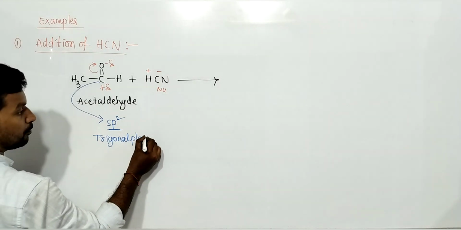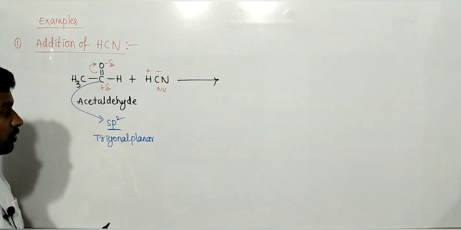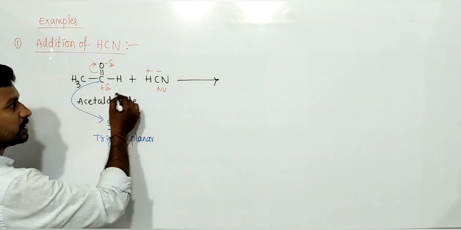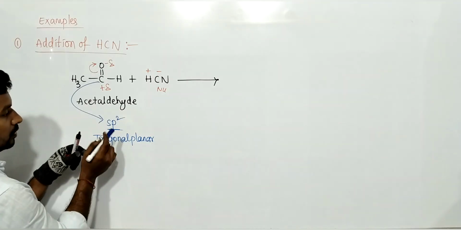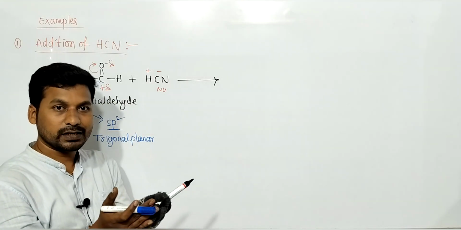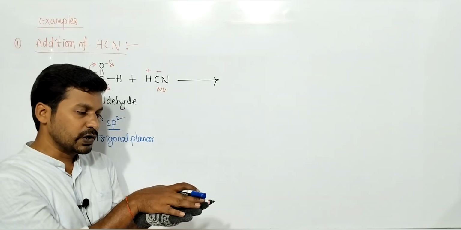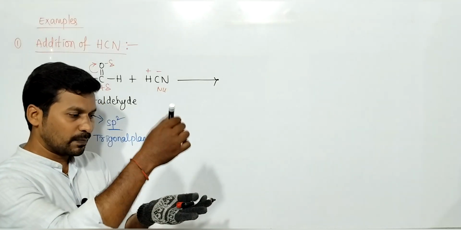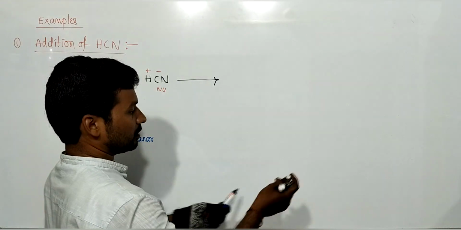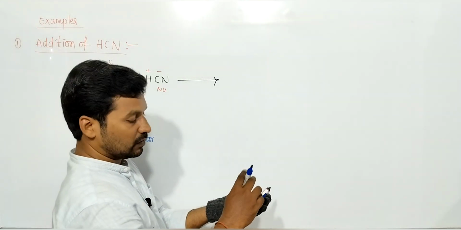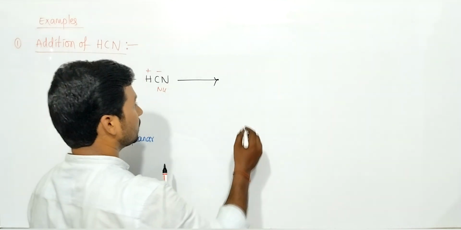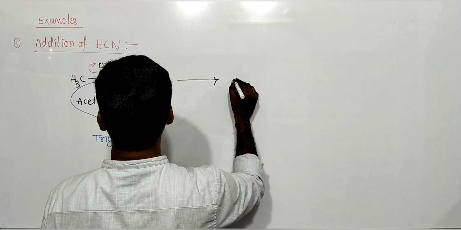Trigonal planar means nucleophilic addition takes place on this acetaldehyde from two sides, because the acetaldehyde molecule has a planar shape. Nucleophile addition takes place to the plane on both sides. That means 50-50%. Above side 50%, addition of CN minus to carbonyl carbon, below side 50%. That is, a 50-50 racemic mixture is formed here.